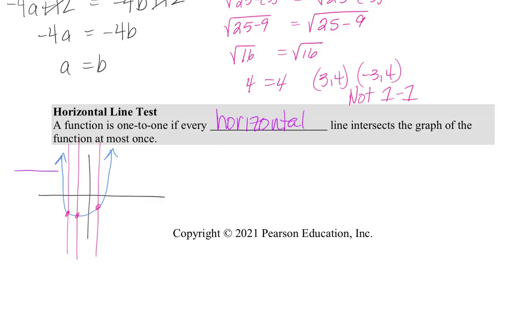Now do you see how it's touching my graph twice? This means not one-to-one, because this x value will have this y value, and this x value will have this y value. So x1 goes with y, x2 also goes with y. The y is repeating, therefore it's not going to work.